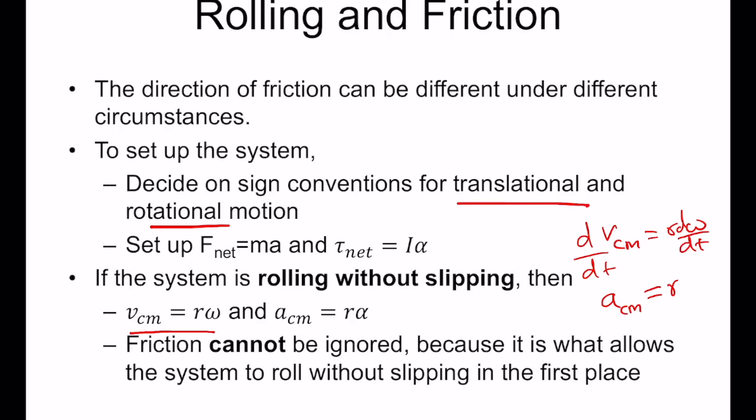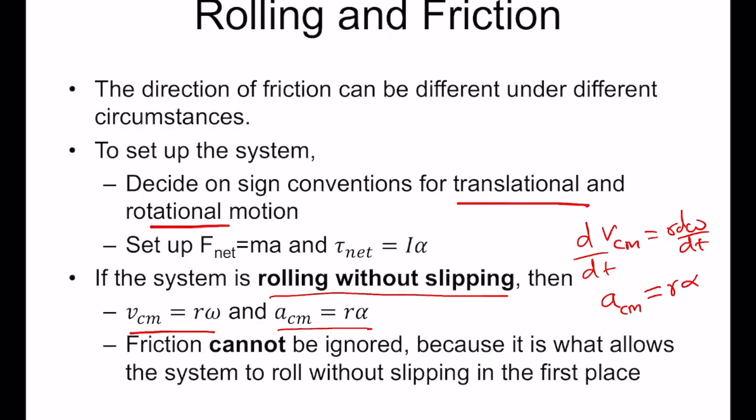It's just going to be alpha. So if an object is rolling without slipping, then you have VCM equals R omega and ACM equals R alpha.